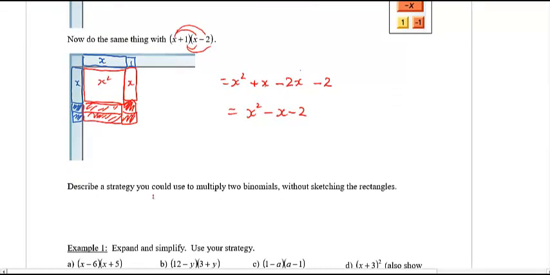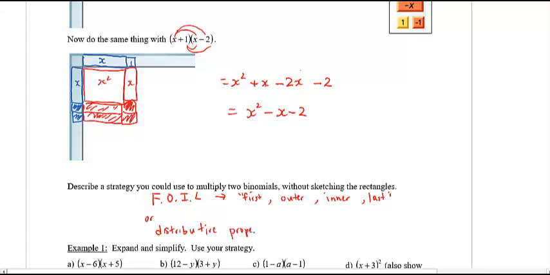Some people like to use the acronym FOIL, because that stands for the first terms multiplied together, then the outer terms multiplied together, then the inner terms multiplied together, and then finally the last terms multiplied together. Or some people like to use the idea of the distributive property.